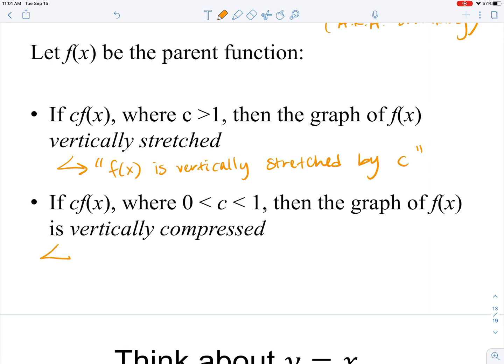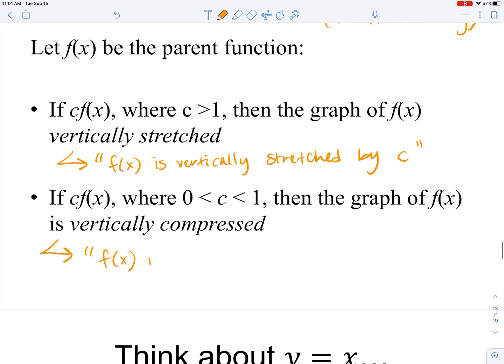And that's if c is greater than 1. In the case of c being between 0 and 1, we would say that the parent function, which in this case we're defining to be f of x, is vertically compressed or shrunk by c.